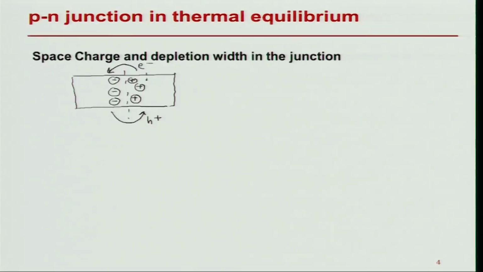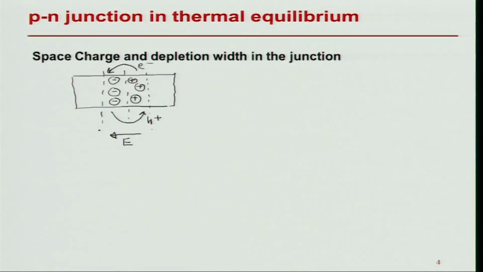This region which is affected by this motion, the junction region, is what we are interested in finding out. And here comes an approximation, because when I diffuse electrons from n to p type, effectively because of these charges I am generating an electric field from positive to negative, which will oppose the motion of the electrons going from n to p, and that is the stabilizing equilibrium factor.